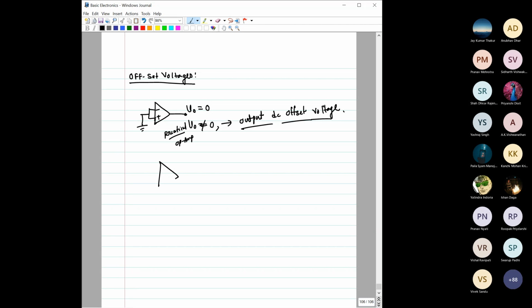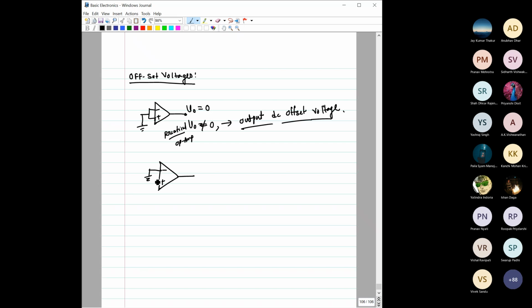Similarly, there is one more thing called the input DC offset voltage, which is defined as the input differential voltage that must be applied to make the open loop amplifier produce 0 output voltage.